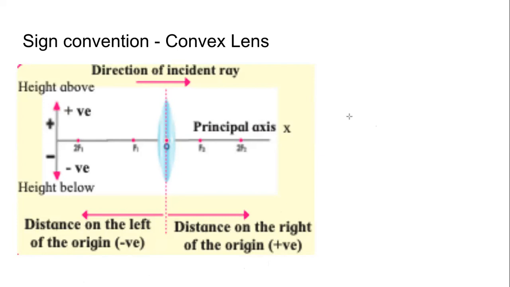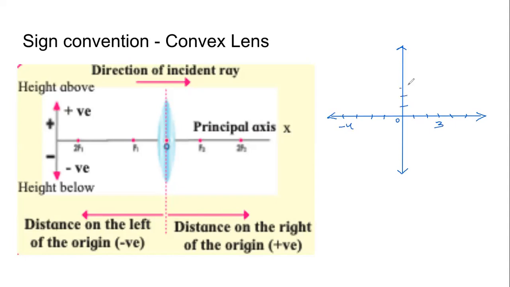In coordinate geometry, we say this is our x-axis, this is our y-axis, and we say this is 0, then 1, 2, 3, 4, 5, then minus 1, minus 2, minus 3, minus 4, है ना?